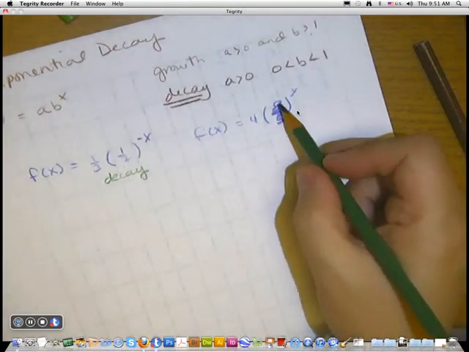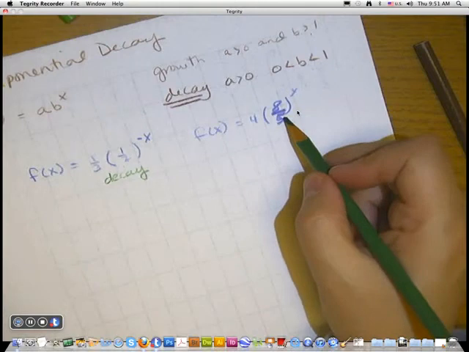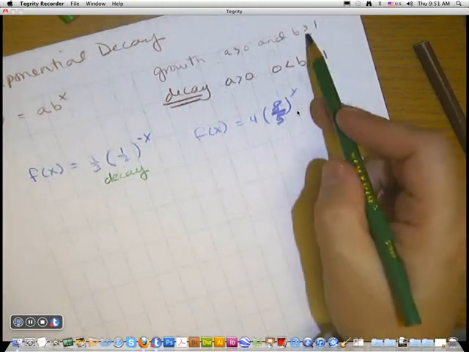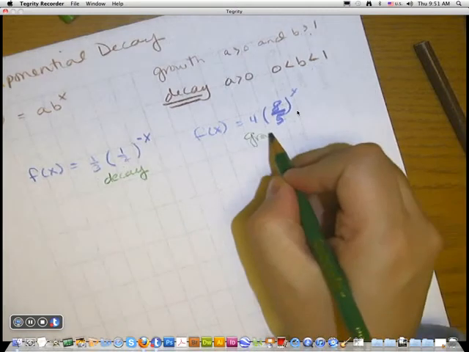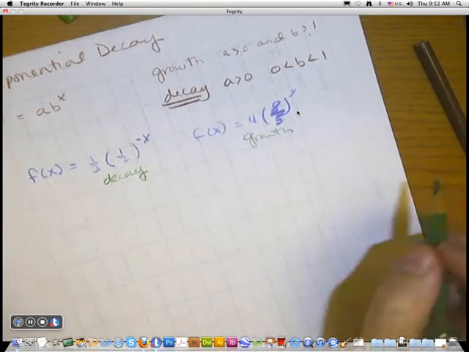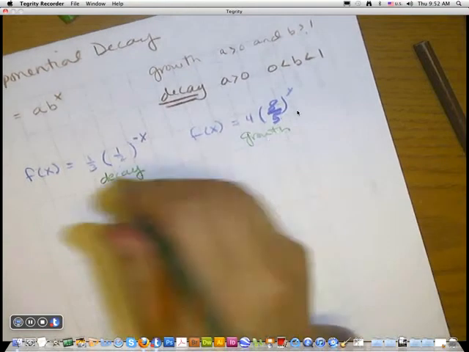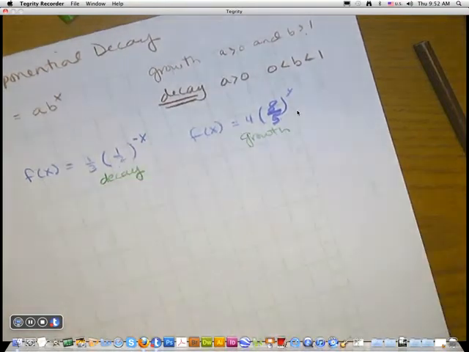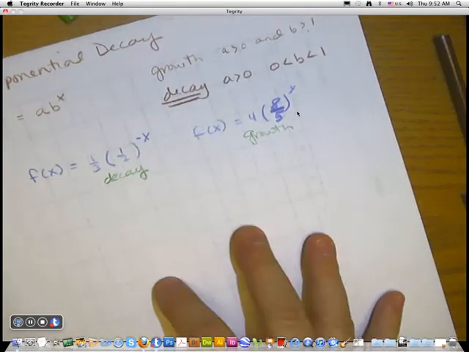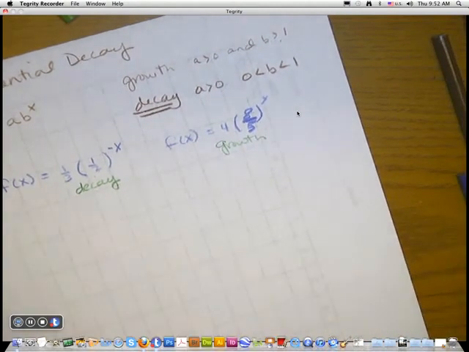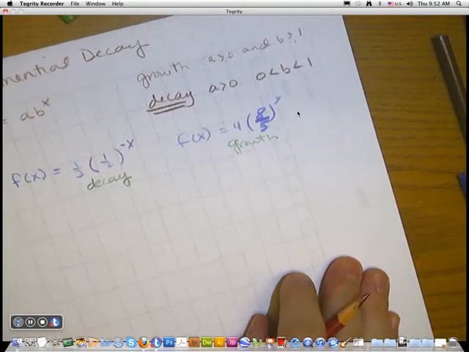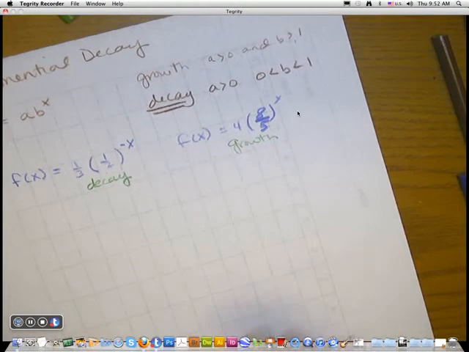Over here, I look at 8/5. 8/5 is a fraction, but it's bigger than 1, therefore this would end up being a growth. So please make sure you're aware of the difference in the equations, because that would be a non-calculator question on a quiz, being able to recognize your different equations.